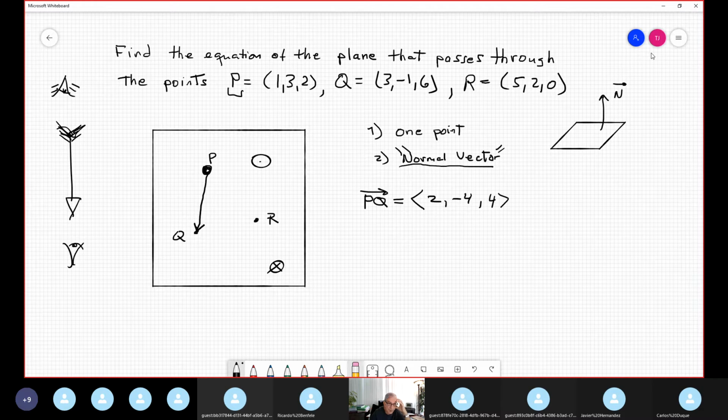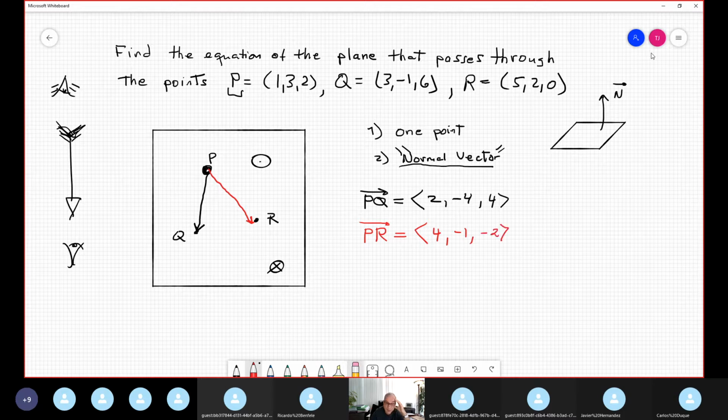Likewise, I find another vector here, which is PR. PR vector is a subtraction: 5 minus 1 is 4, comma, 2 minus 3 is -1, comma, 0 minus 2 is -2.